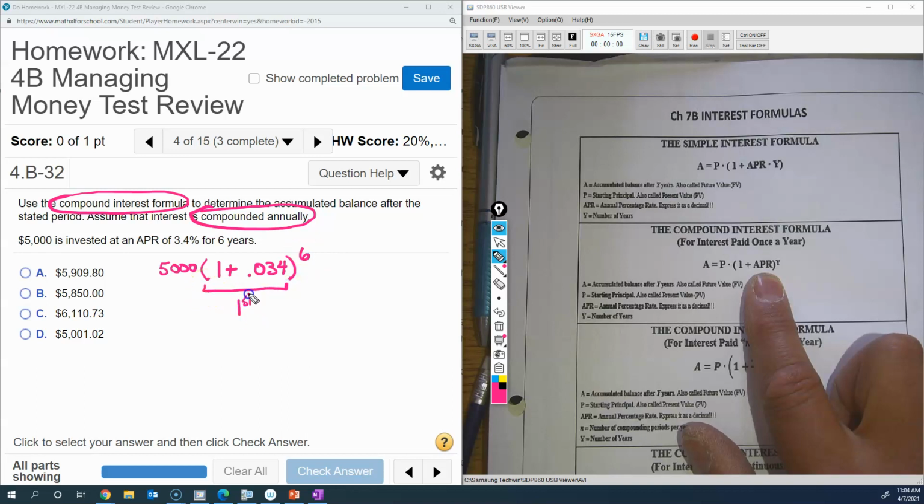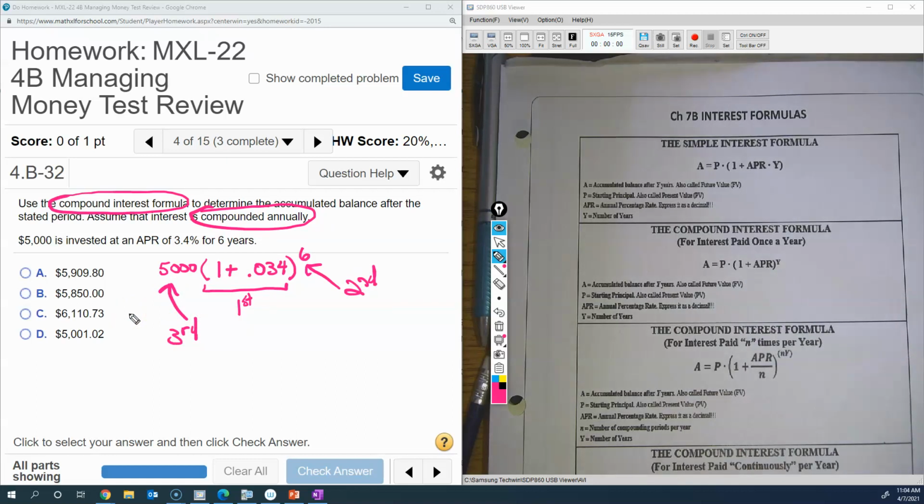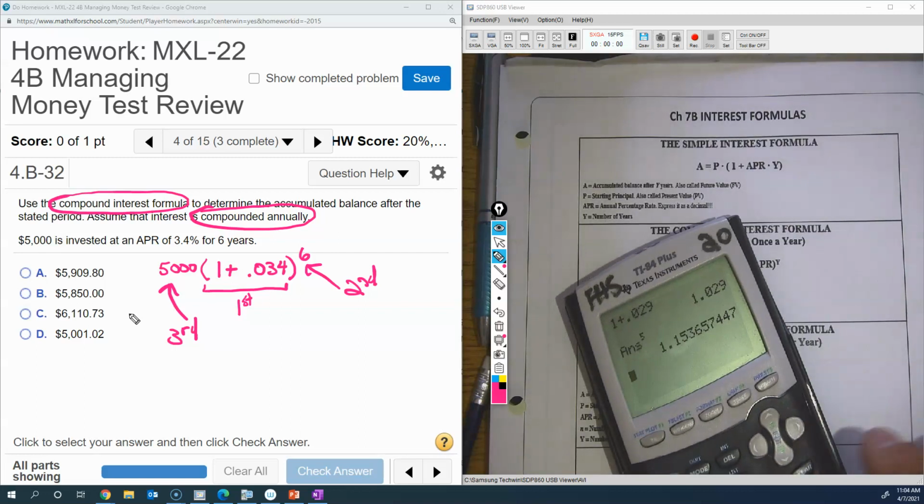Okay, first, second, third. Enter, exponent, enter.